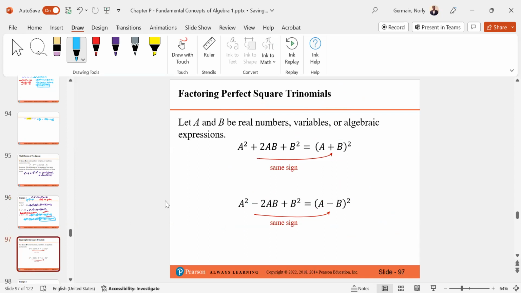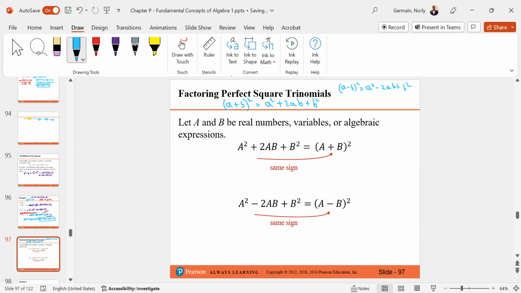How about we factor perfect square trinomials? Well, it's the reverse of what we did in the previous section on squaring binomials. We said take the first one to the power 2, plus 2 times the first one by the second one, plus the second one to the power 2. Or if you have the negative sign in the middle, you can do a squared minus 2ab plus b squared. So you can reverse it, because that technique is the reverse of the special products for squaring binomials.